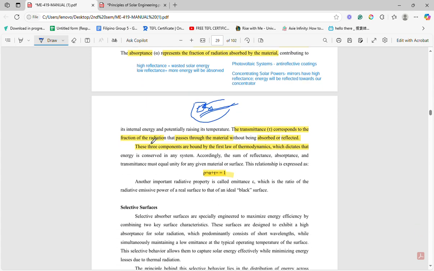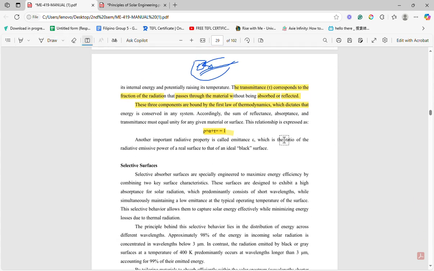Then if we talk about absorptance naman, let's put it here. Absorptance. Like what we have mentioned earlier, high absorptance means more energy can be converted since we absorbed it.